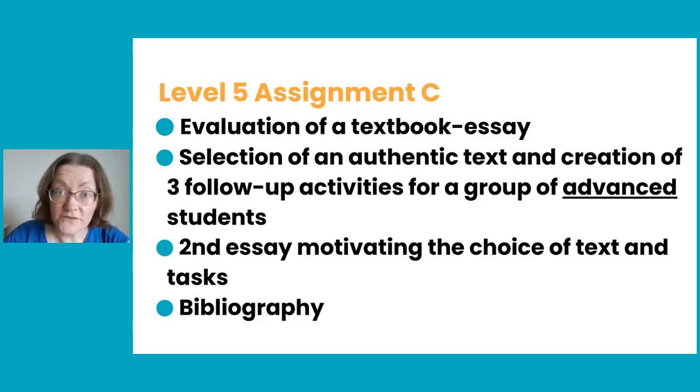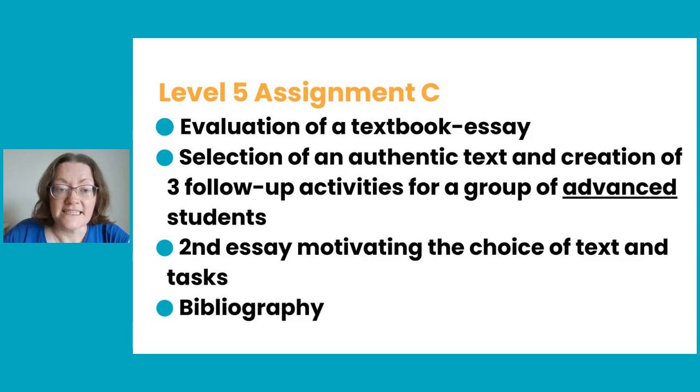Okay, let's begin with an overview of what Level 5 Assignment C is all about. So it is made up of 4 different things. It is made up of an evaluation of a textbook, which will be in the form of an essay.